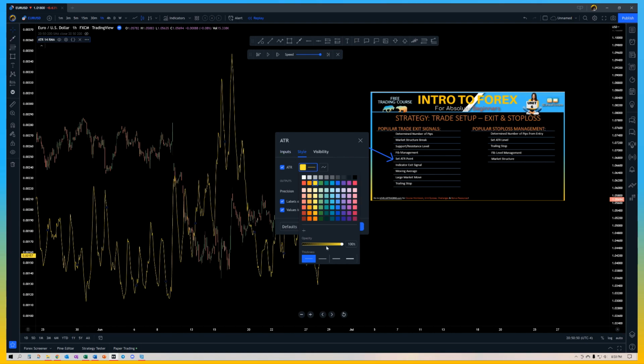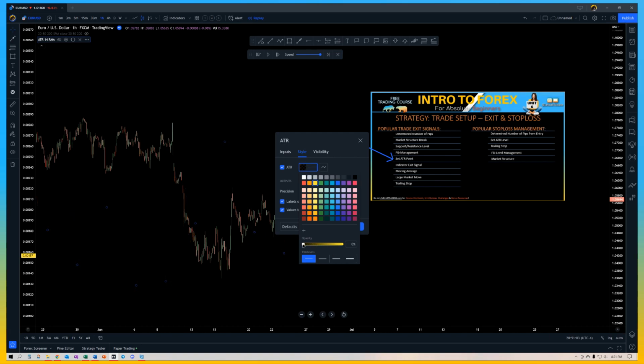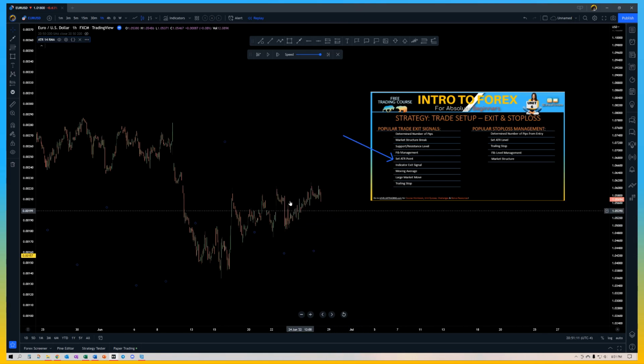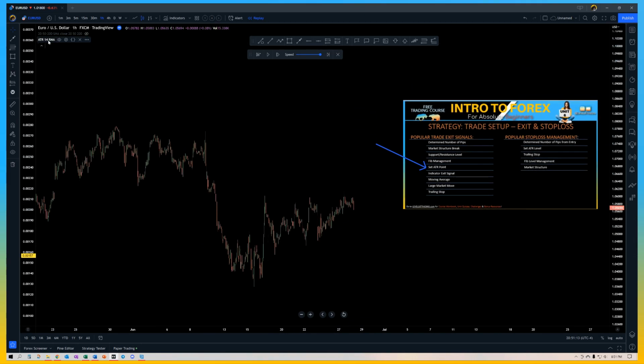And when I click on the line, I did change it to yellow because it also makes the numbers turn yellow, but I am going to make the opacity of the graph completely clear because I don't want to see it overlaid on my candles. And I'm just going to say okay, now the ATR is on my chart up here, and you see ATR 14 RMA.